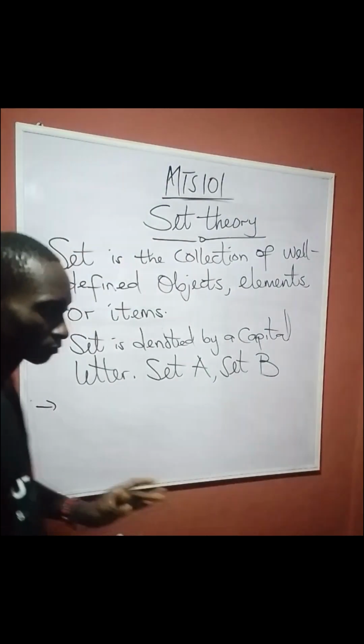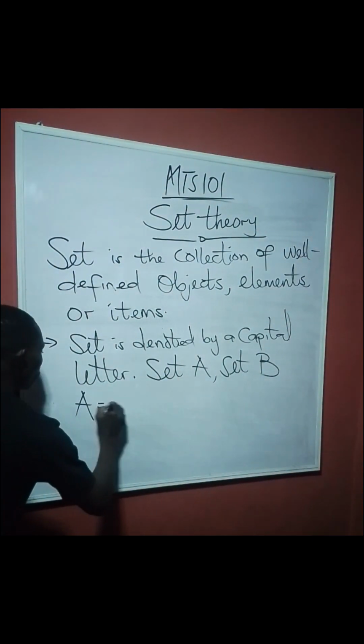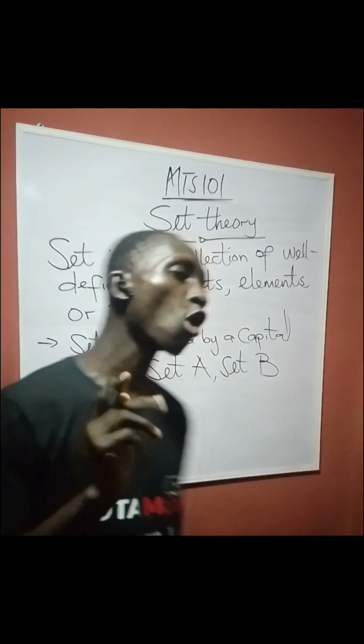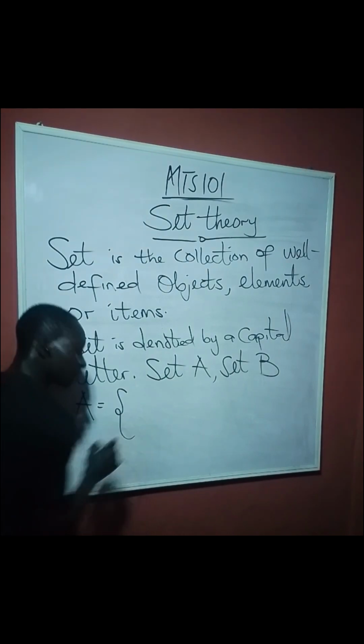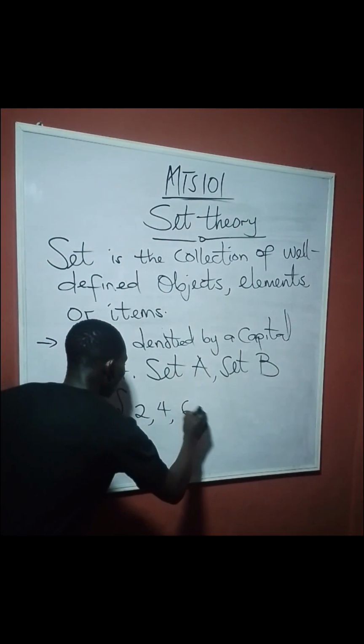Another thing is that a set is enclosed in a curly bracket. Now this is a curly bracket. Let's say you have set A containing 2, 4, 6, 8, 10, 12.